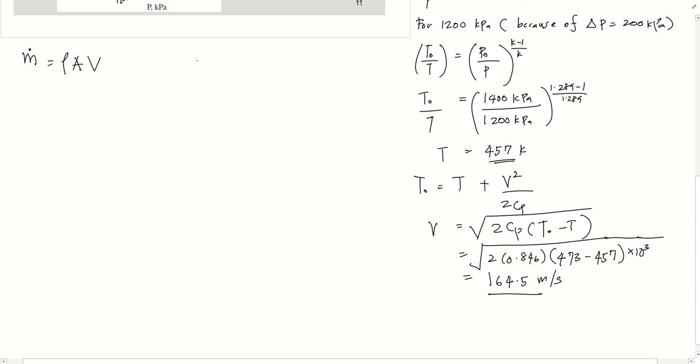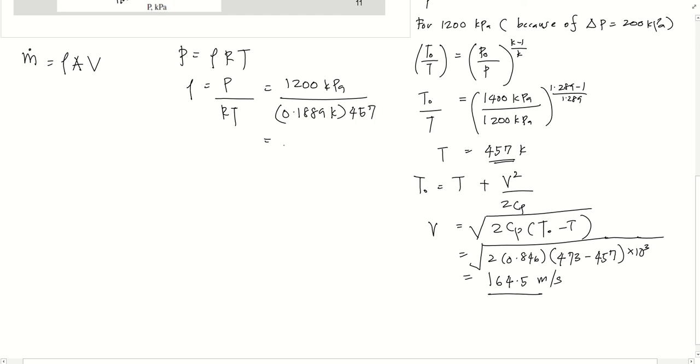To find rho we use the equation of state, P equals rho R T, so rho equals P over R T. P equals 1200 kilopascal, R is given as 0.1889, also kilo, and temperature 457 Kelvin.